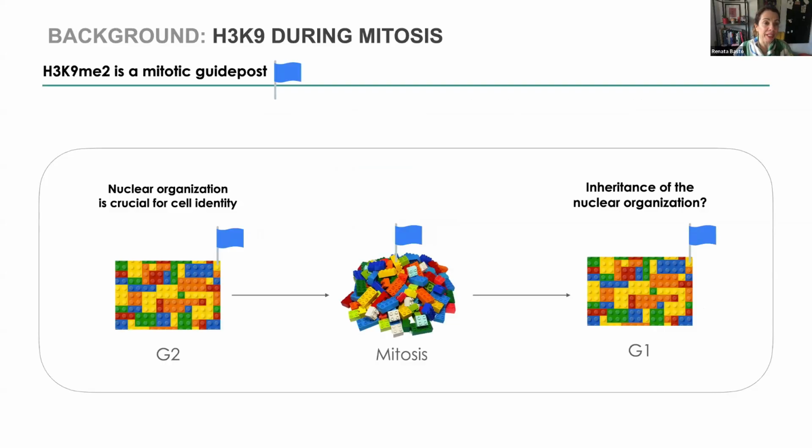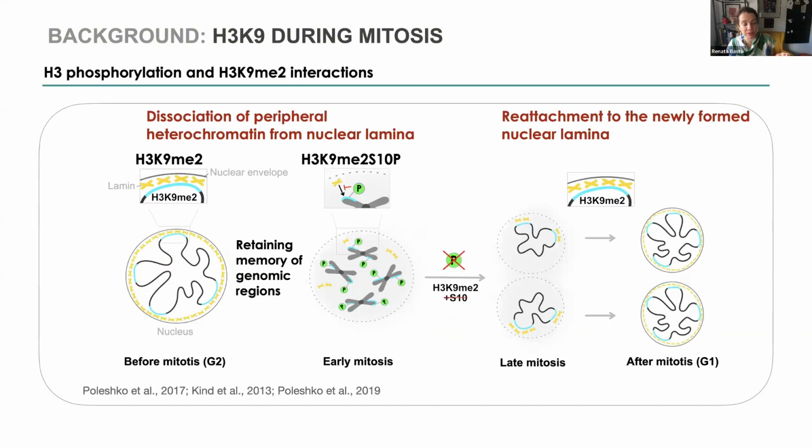But what is H3K9 dimethyl? Actually, H3K9 dimethyl is considered to be a mitotic guidepost that can allow, in certain cells, cell identity to be reestablished after mitosis.